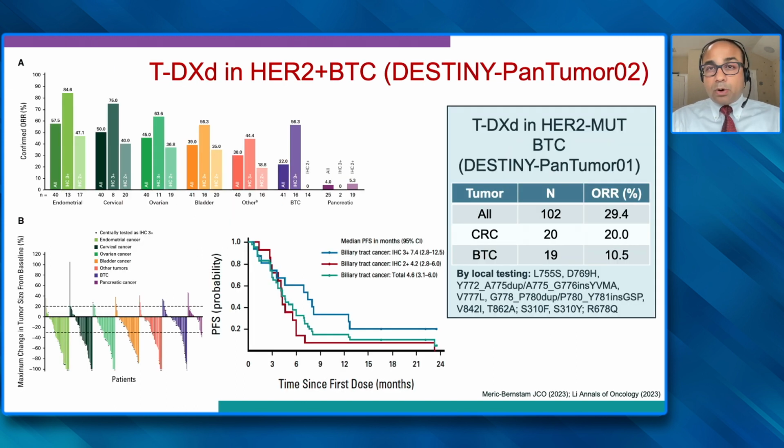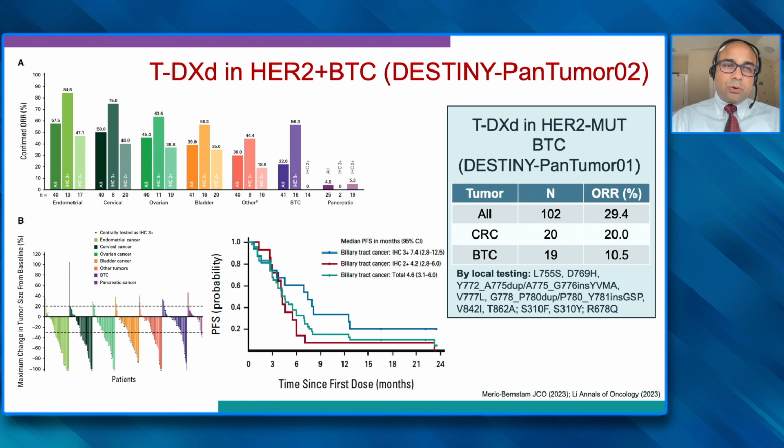And again, very promising strategy across the board. This study, along with other studies in lung and colorectal cancer, are forming the basis of the FDA application for the first pan-tumor HER2 approval, hopefully.